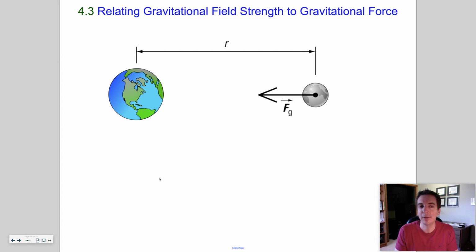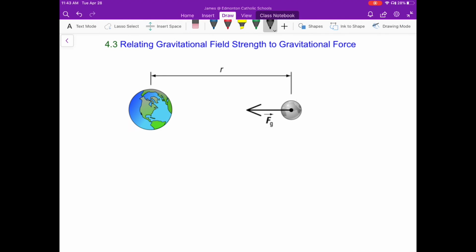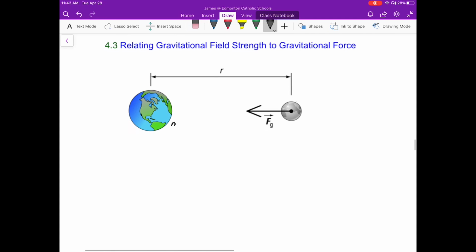Okay, so last but not least, 4.3, relating gravitational field strength to gravitational force. We have our 2 objects here. We have the Earth, we'll call that ME, and call this MM for mass of the moon.